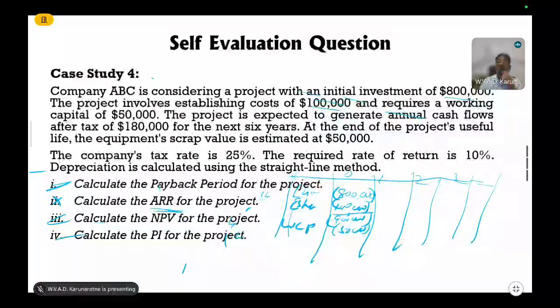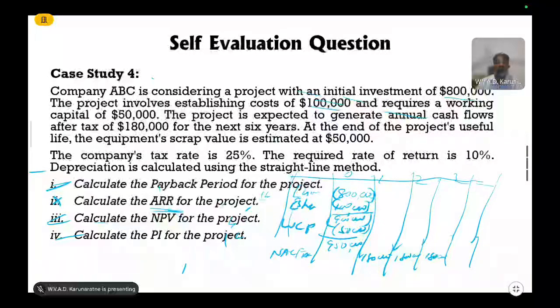And the project is expected to generate annual cash flows after tax. Right, this is 950. And so on. Then the net annual cash flows after tax, that is 180,000 each. Is the cash flows after tax, no? 180,000.